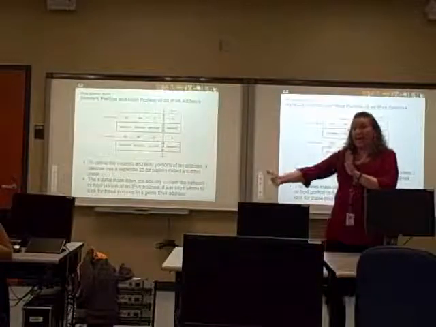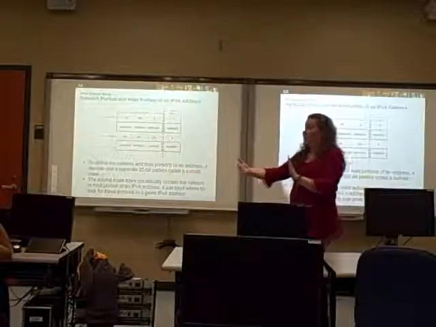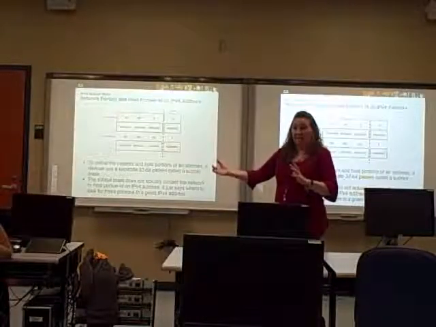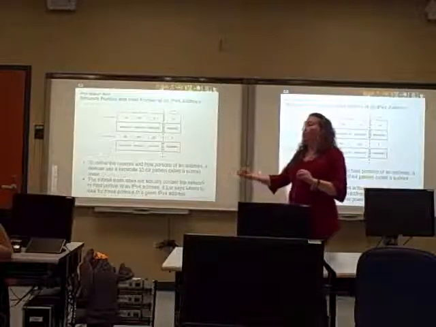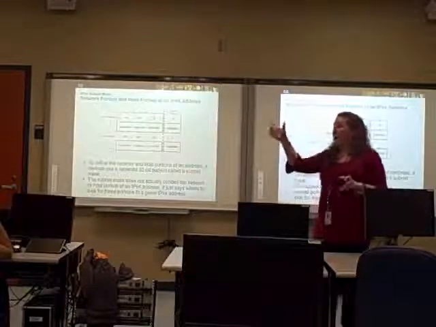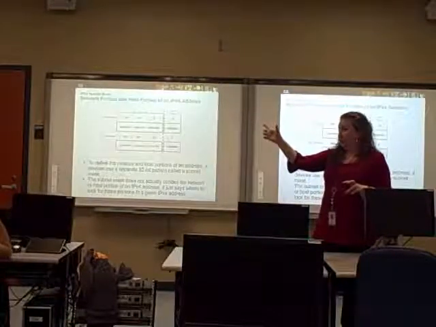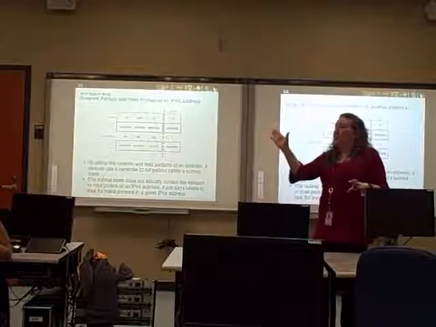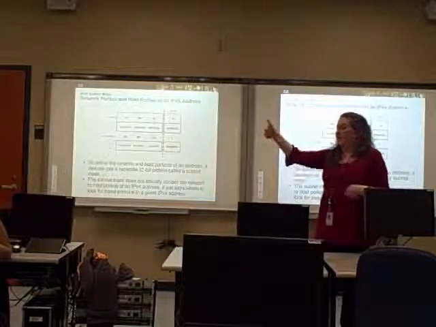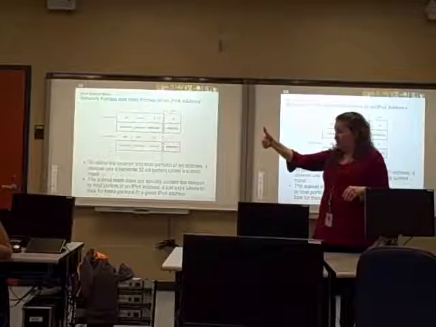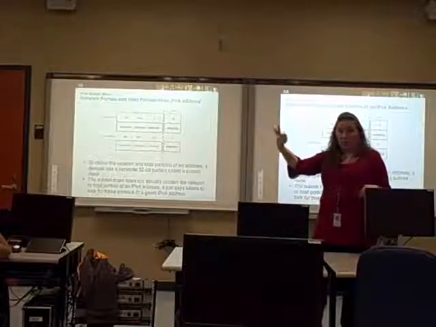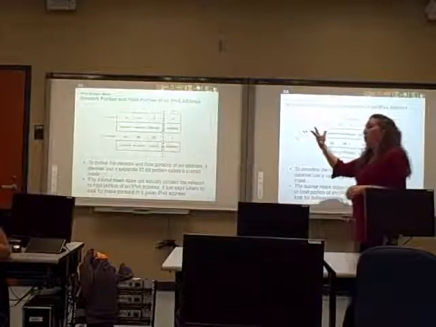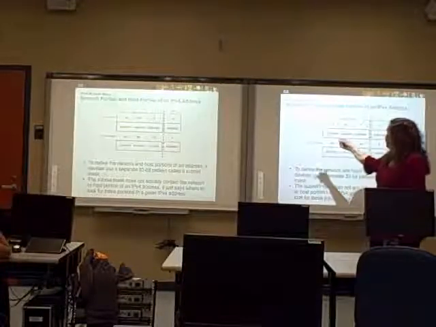The last 8 bits of that 32-bit address is reserved for our host or for our devices. And you should be able to determine from an IP address you're given, and if it has /24 on it, if it is a network address, a broadcast address, or a host address, based on where it is.